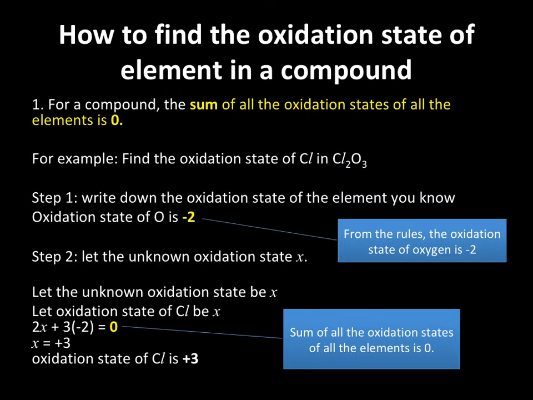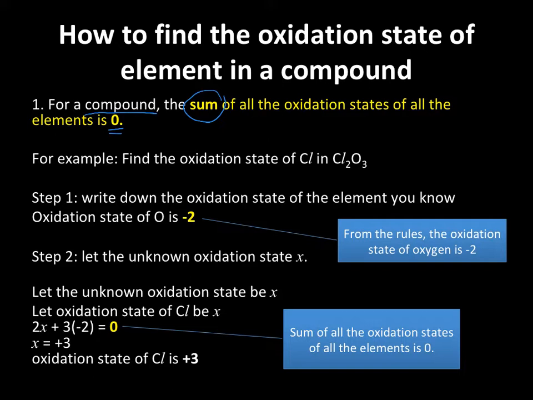Now, how do we find the oxidation state of an element in a compound? Okay, first rule, for a compound, the sum of the oxidation states of all the elements is 0. So let's look at one example.